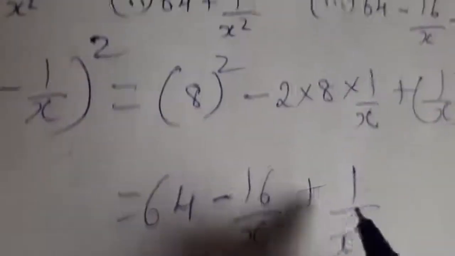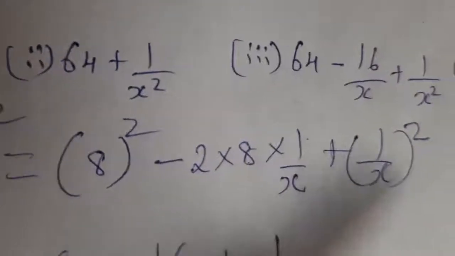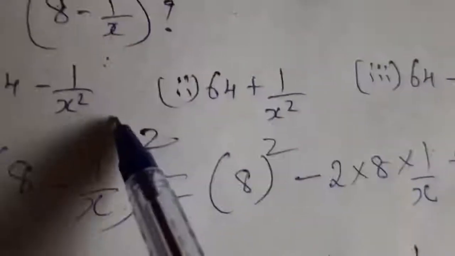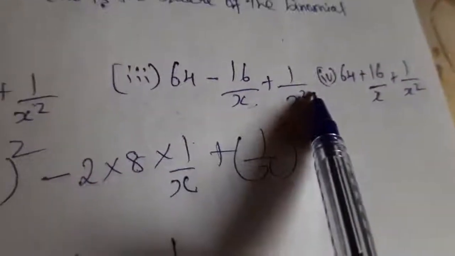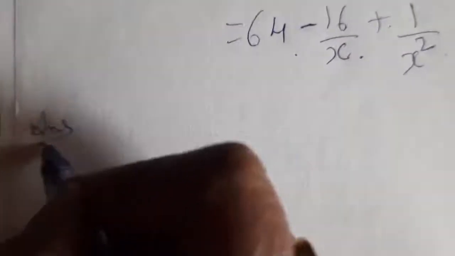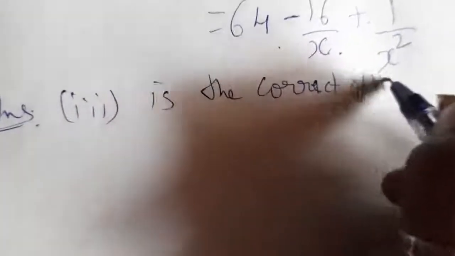Children, you check which one is the right one. First one, no, no, yes. Third one, 64 minus 16/x plus (1/x) the whole square. So the third one is the right option. You'll write down your answer. Third is the correct option.